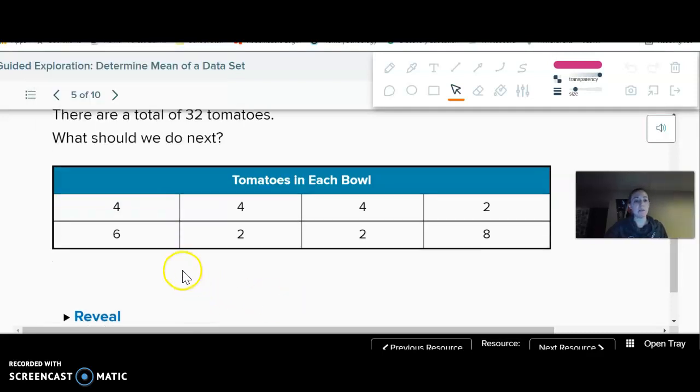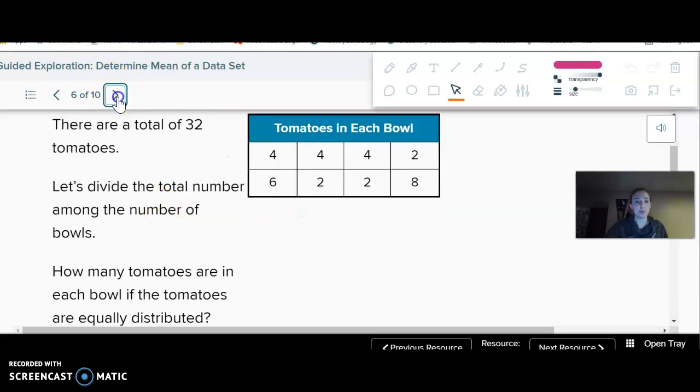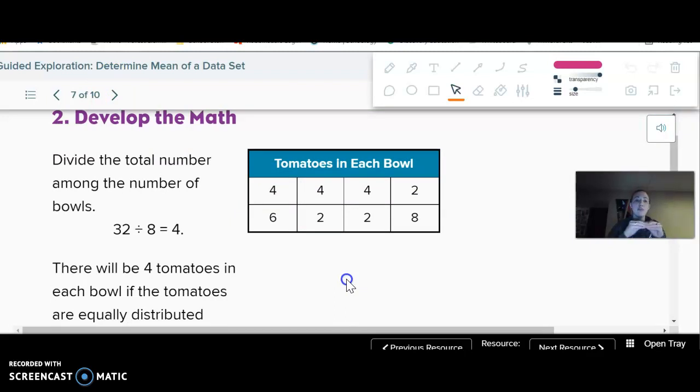So that means our mean of this set of data is 4. So if he split them up equally, there'd be 4 tomatoes in each bowl if we evened it out. Right? It's like we took a couple from here, put them there, take 2 from here, put them there, 2 from here, put them there. They'd all have 4 in them.